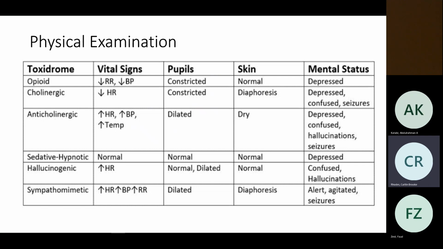Sedative hypnotic is very important when you see these patients. They come with altered mental status or in coma, but vitally they are stable, so cardiovascular and respiratory systems are usually within normal. Sympathomimetic, as I mentioned, comes with more tachycardia, hypertension, agitation, dilated pupils, diaphoresis.